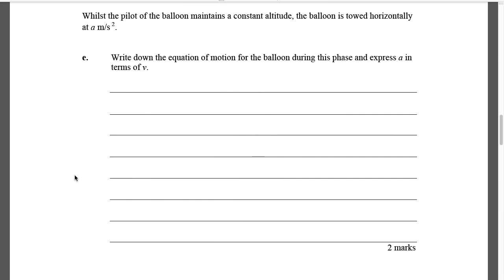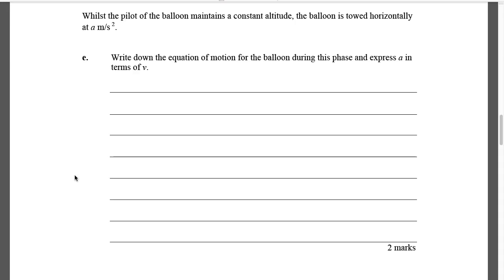For part E of this question, if we read the question, the balloon maintains constant altitude. So that means our J component is 0. There's no acceleration or even velocity in the J direction.